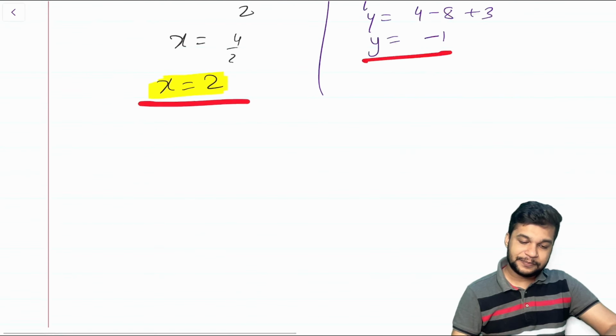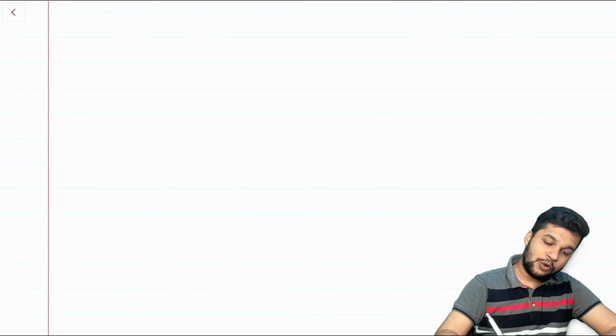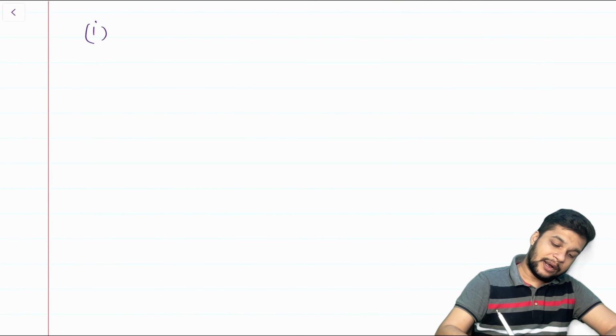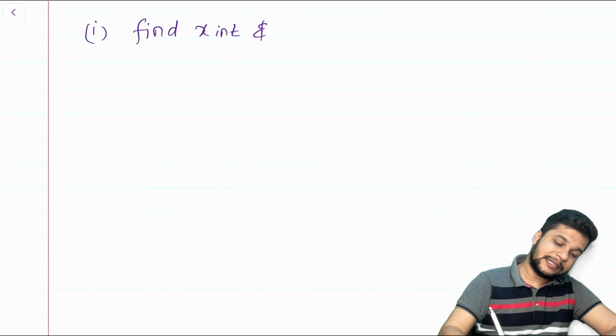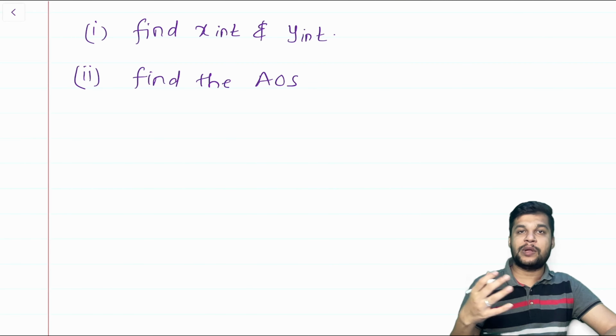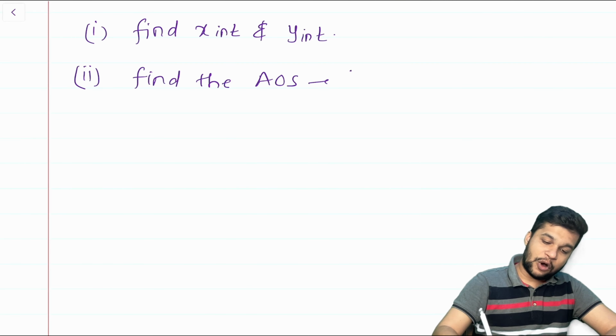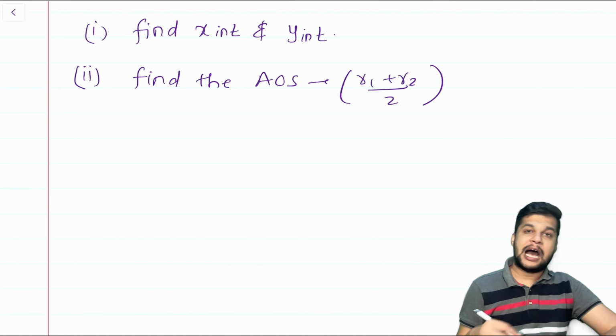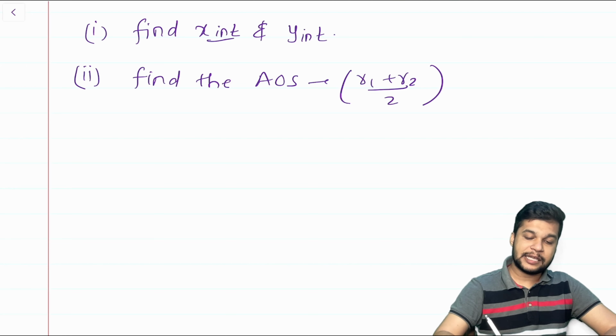So let us summarize how to draw the graph using the intercept method. Step 1, find the x-intercept and y-intercept. Step 2, find the axis of symmetry, which is (x1 plus x2) by 2, or whatever your roots are, (r1 plus r2) by 2, where r1 and r2 are your roots or x-intercepts.